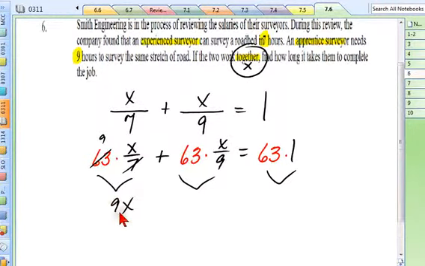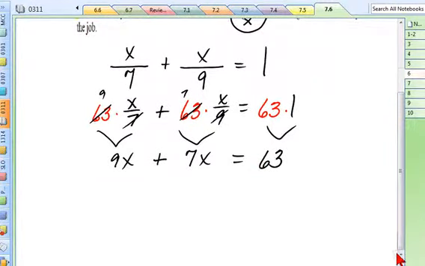That gives me 9x plus 9 goes into 63 7 times, and 7 times x is 7x, and that equals 63. What's 9x plus 7x? It's 16x is 63.